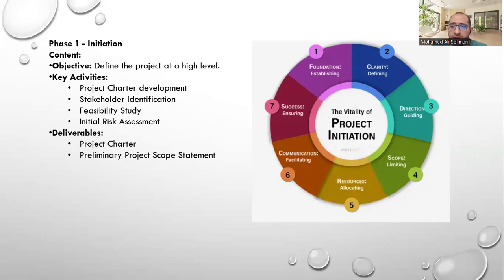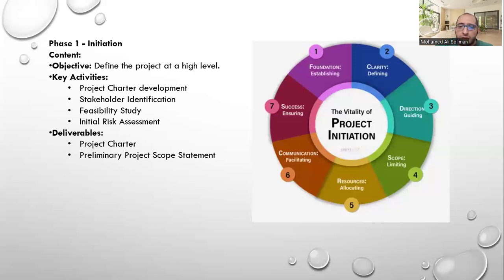But this risk assessment will evolve and be developed while we are moving forward. So we are expecting from this initiation phase as an outcome the project charter, which is a high level view of the project, and a preliminary project scope statement.